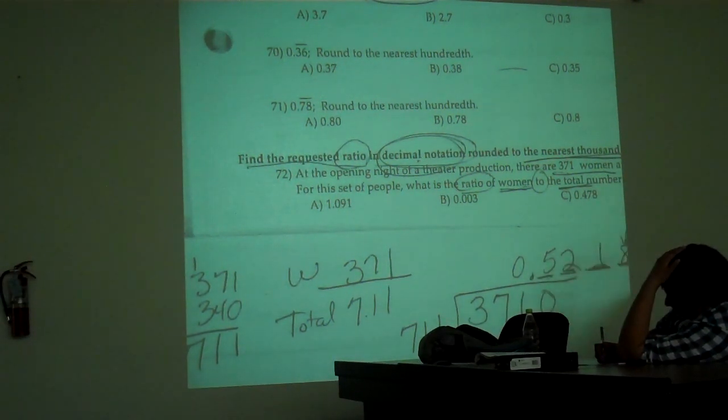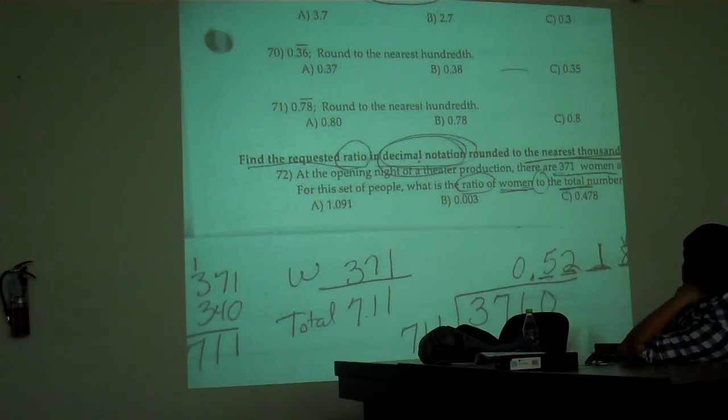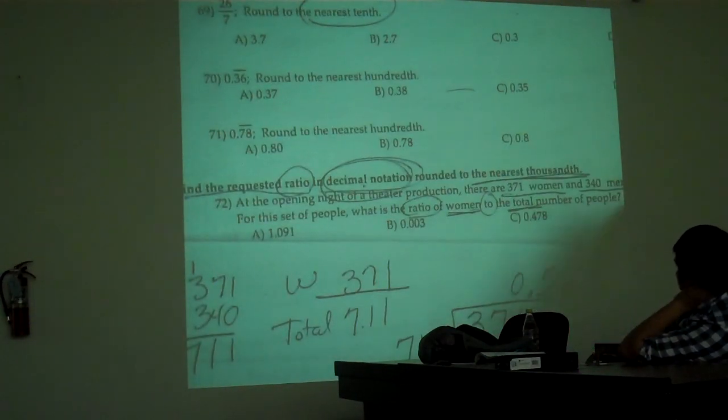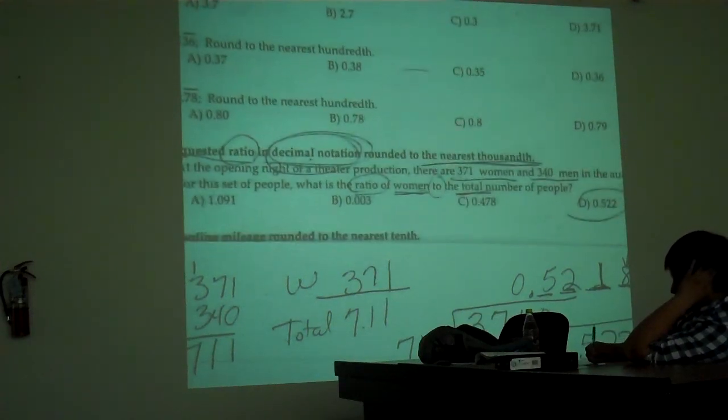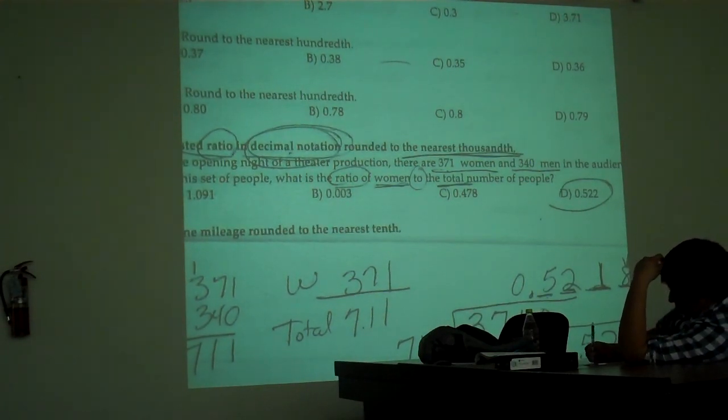You don't have to go past this. You only have to go to the 8. Look at the 8, you know, round the 1 to a 2. So it's 0.522. Okay? That one would be letter D. That's not going to be multiple choice, so you have to come up with that number.